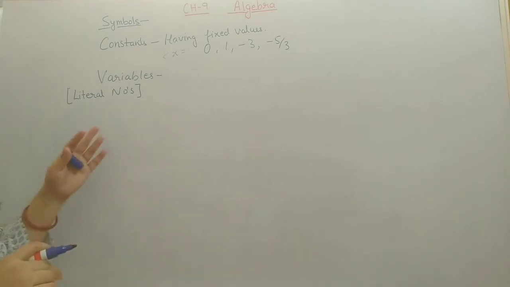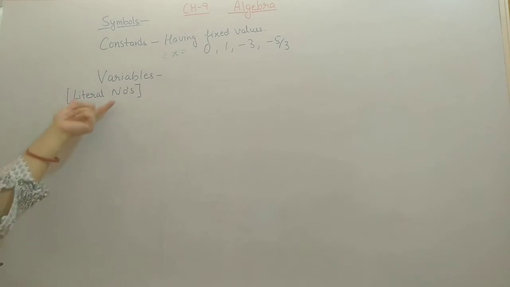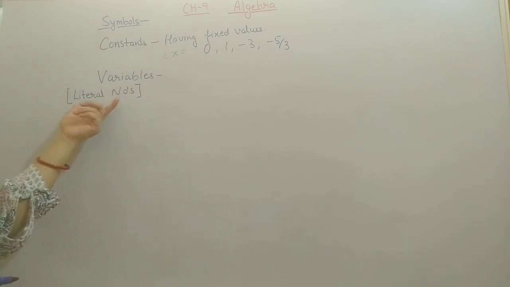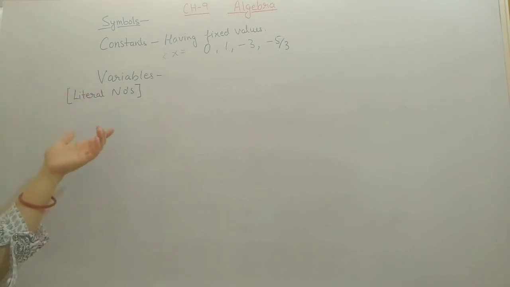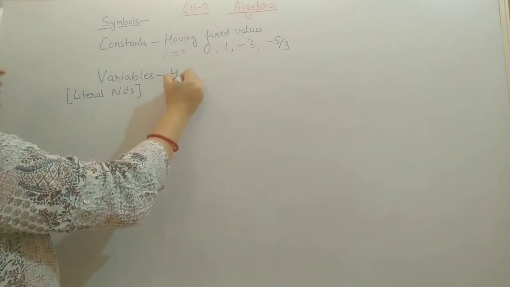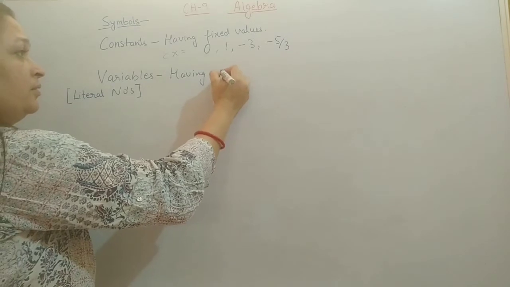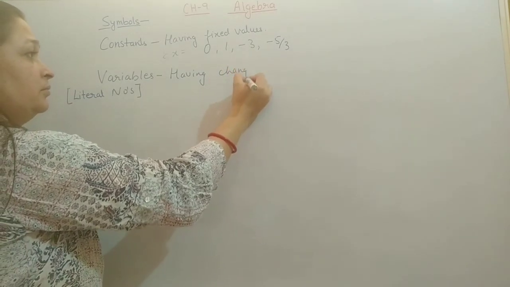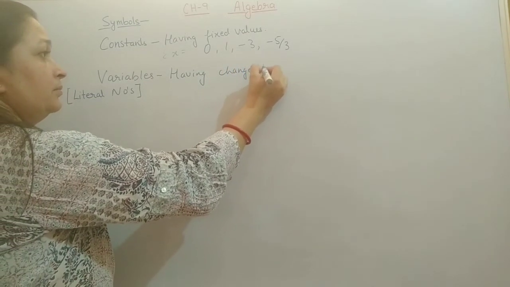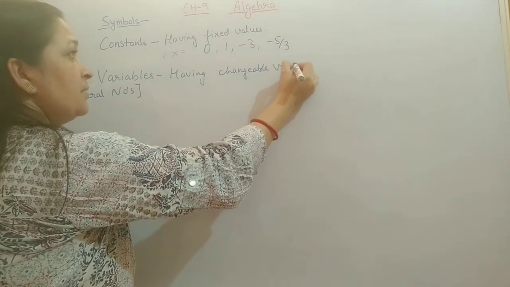Next is variable, or we can call it literal numbers also. Literal means it is mostly represented by letters. Variable is having changeable values.